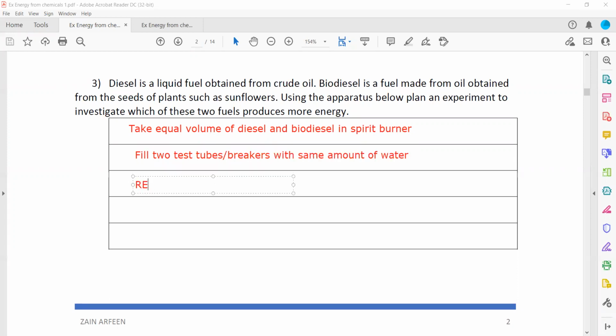Record the initial temperature of the water. Then we'll burn the fuels.